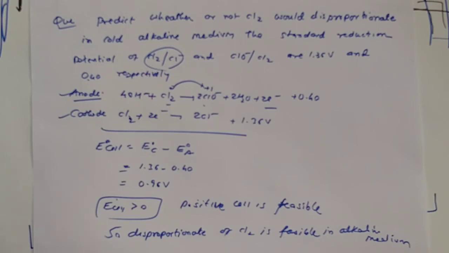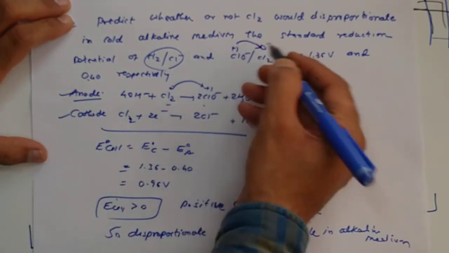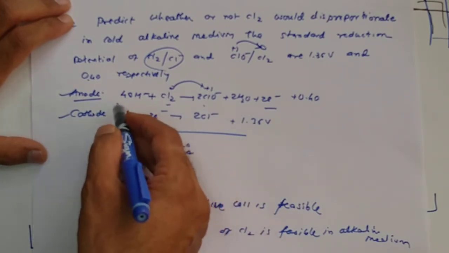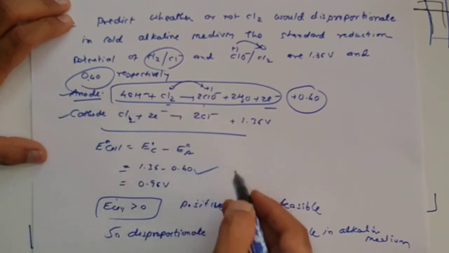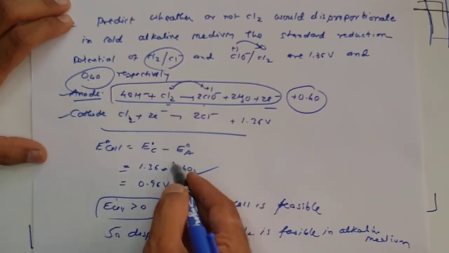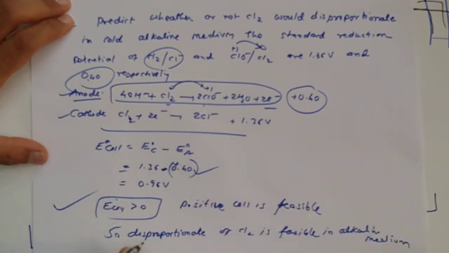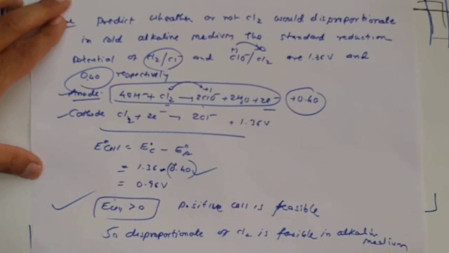Your values are given as reduction potentials, plus 1 into 0. So nothing is problematic. This is actually oxidation, but the given value is in reduction, so plus minus minus, true. If E cell is less than 0, then it's not feasible.